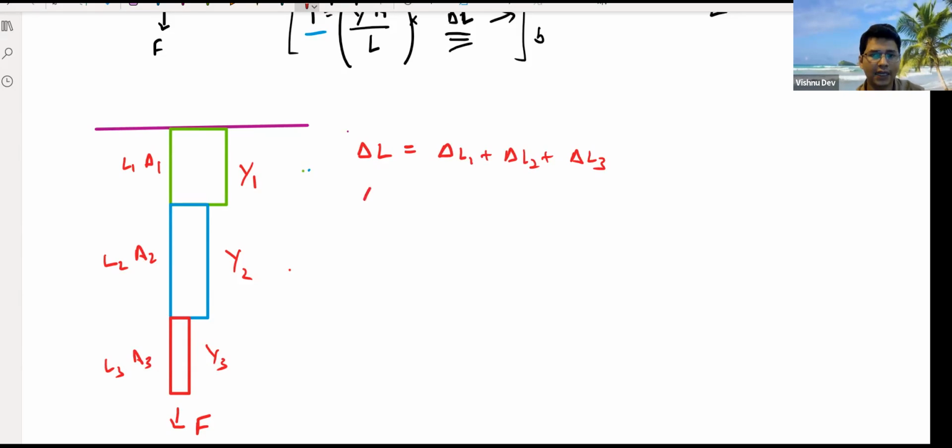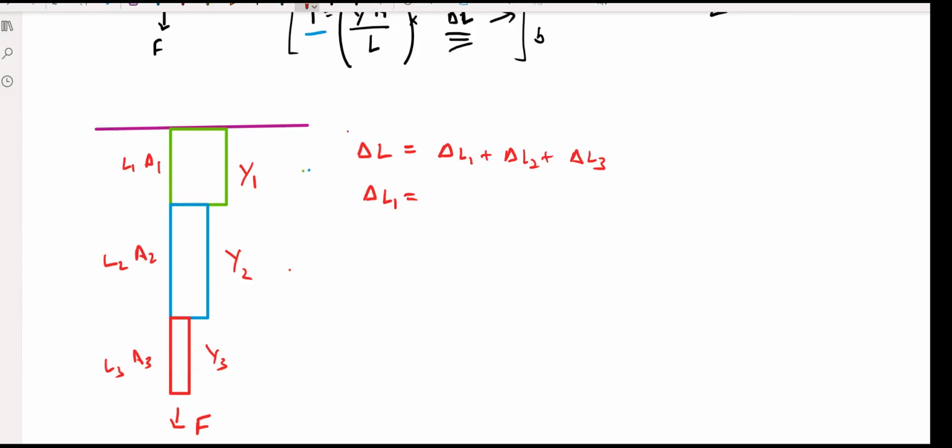Okay. Now what is delta L1? Basic formula: F into L1 by Y into A1. Correct.